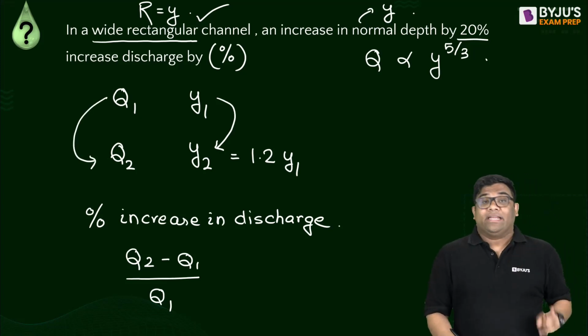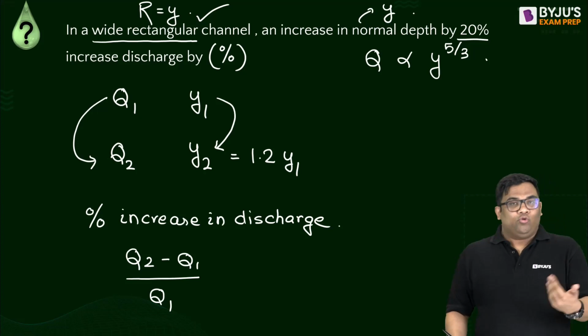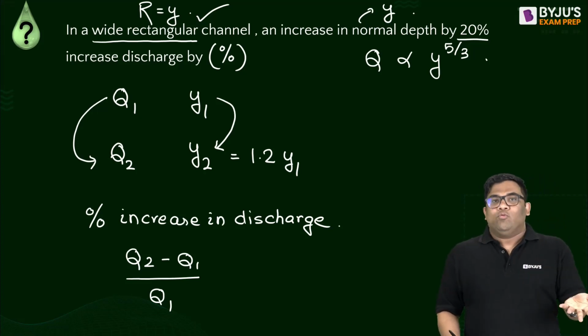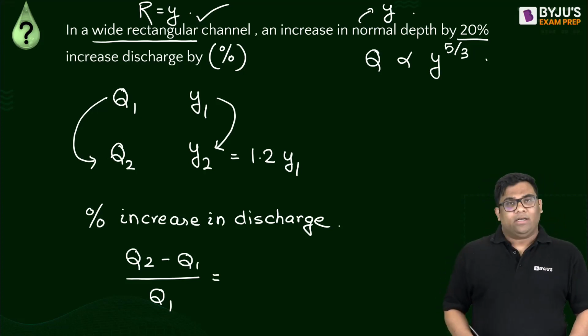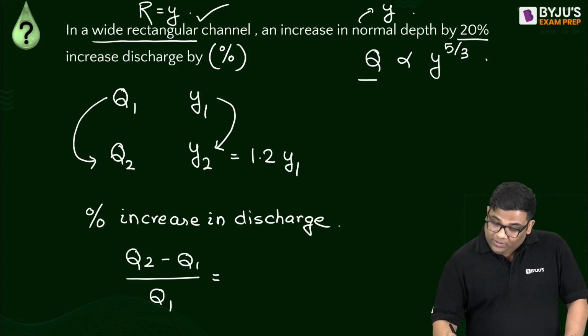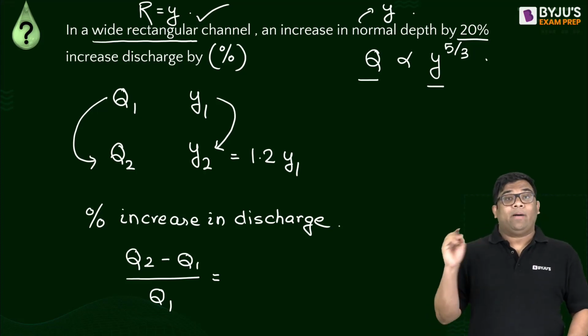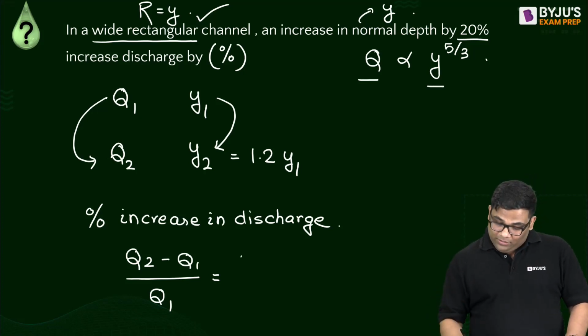So the change is Q2 minus Q1 and the original is Q1, right? Now this I can write down as, you see, Q is directly proportional to Y to the power 5 by 3. So here I can write down Y2 to the power 5 by 3 minus Y1 to the power 5 by 3.